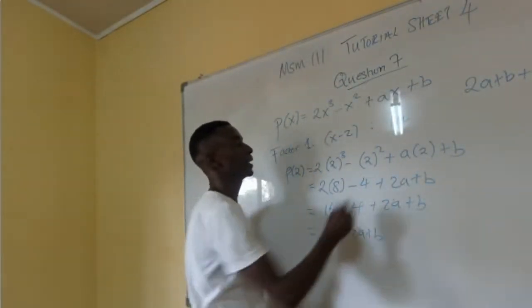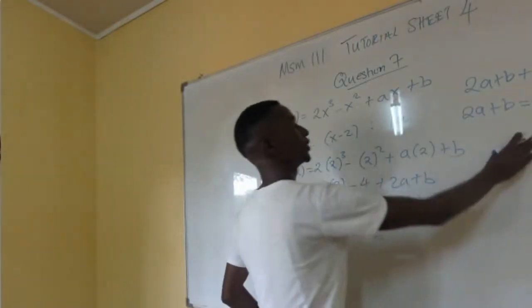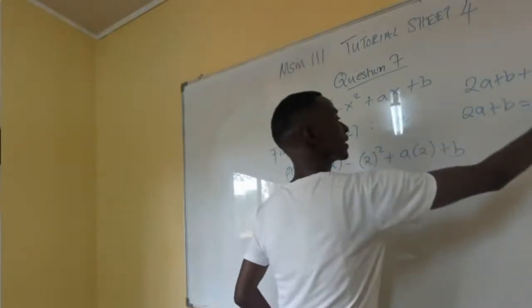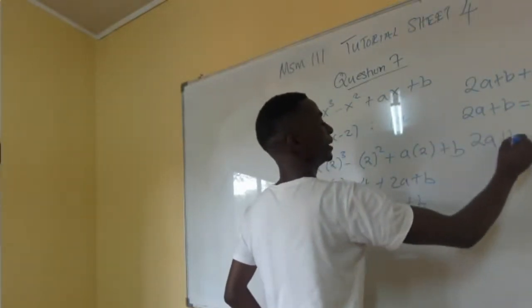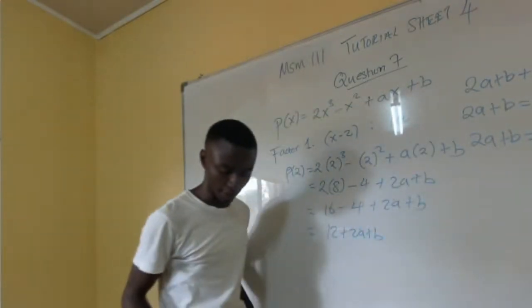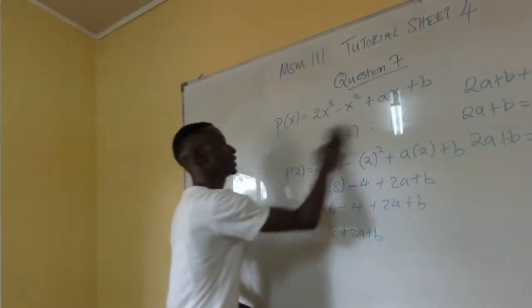So now from there we have 2a plus b equal to 14 minus 12, since this 12 crosses the equal sign. So 2a plus b equal to 2. So that's our first equation.